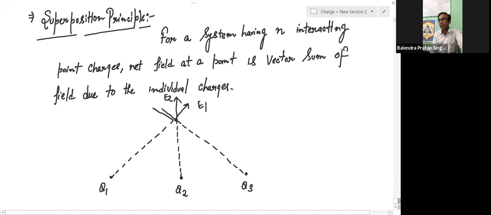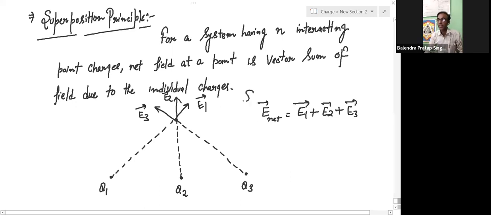So the first electric field is E1, the second electric field is E2, and the third electric field is E3. Okay, so the net electric field is the vector sum of electric fields E1, E2 and E3: E1 plus vector E2 plus vector E3. This will give the net electric field, the magnitude as well as direction, for this system of three charges.